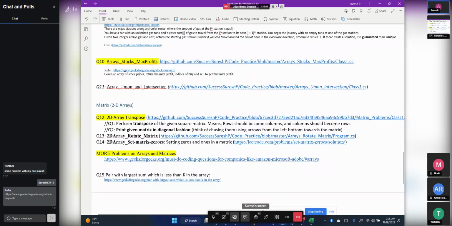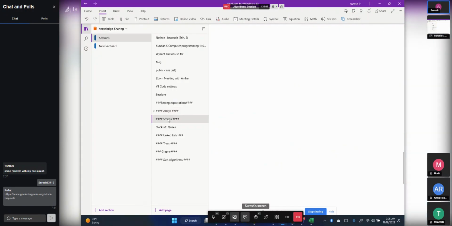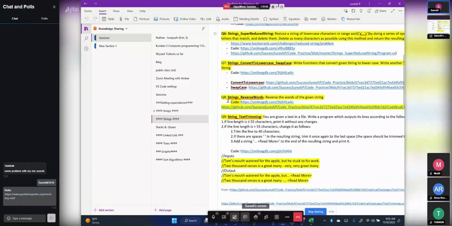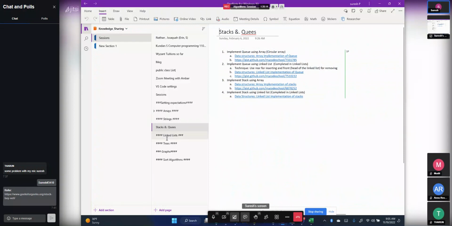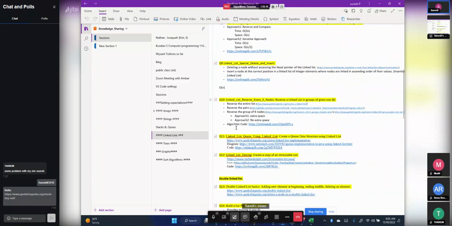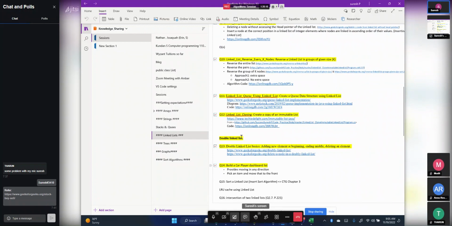I would say just pick 5 to 10 problems on each concept. These are the problems I practiced when I went for interviews a couple of years ago. Strings around 10 or 11 problems, stacks around 5 or 6 problems, linked list around 15 or 16 problems. I'm explaining only the problems which I practiced.